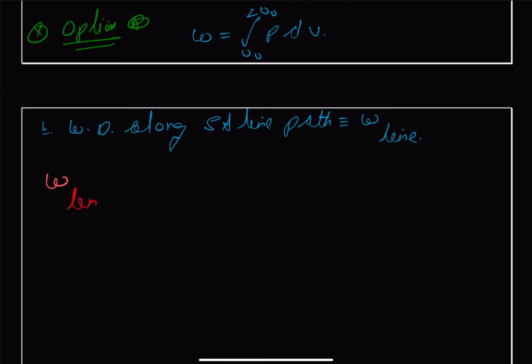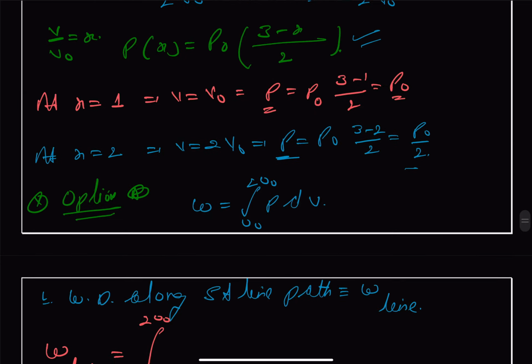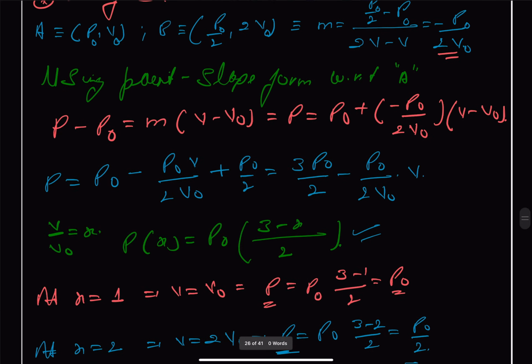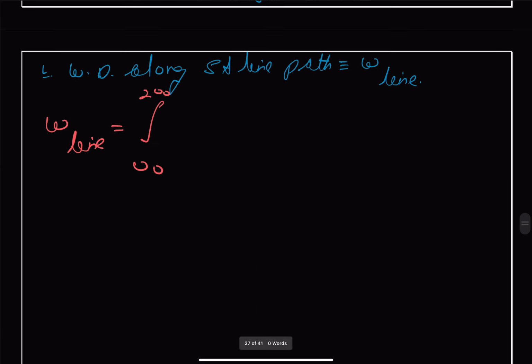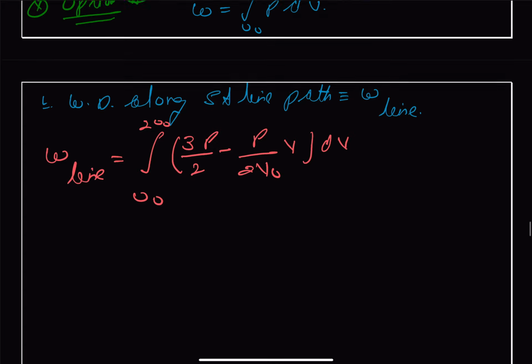Work done along the line is the integral from V naught to twice V naught of (3 P naught by 2 minus P naught upon twice V naught times V) dV.